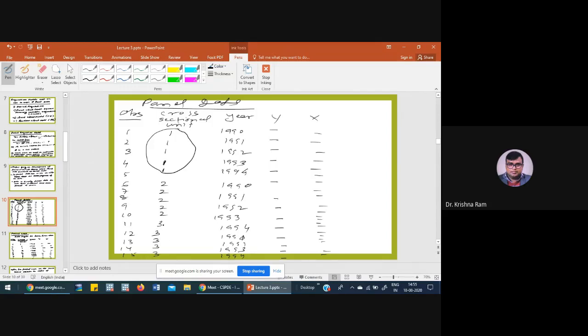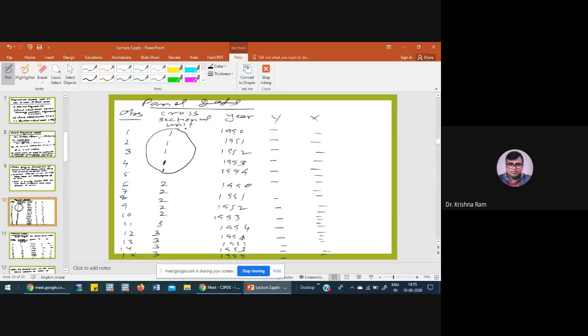So the exemplary data set is here, in which I have included only 3 cross-sectional units. But we know in a panel data case, we generally have more cross-sectional units than the time component. So here you have only a 5-year data set.